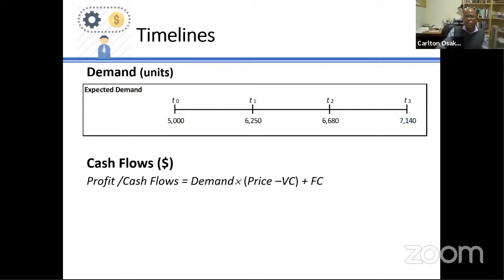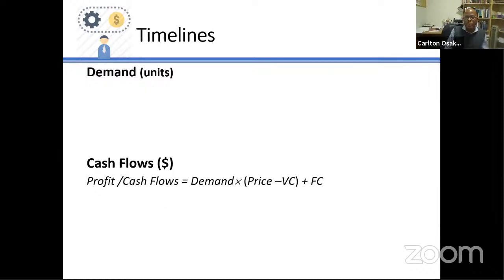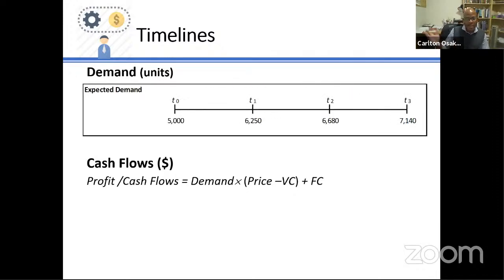The cash flows based on that expected demand would use these operating expense forecasts and the price and so on, and would crank out cash flows or profits of demand times the unit contribution, that's price minus variable cost, plus the fixed cost.